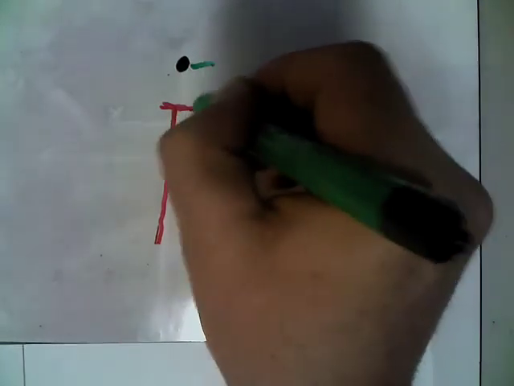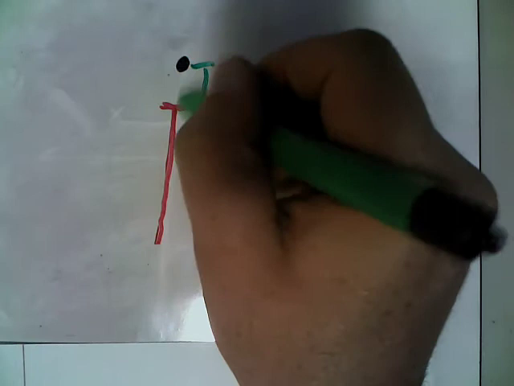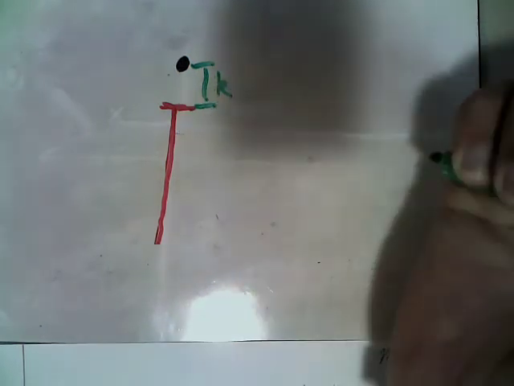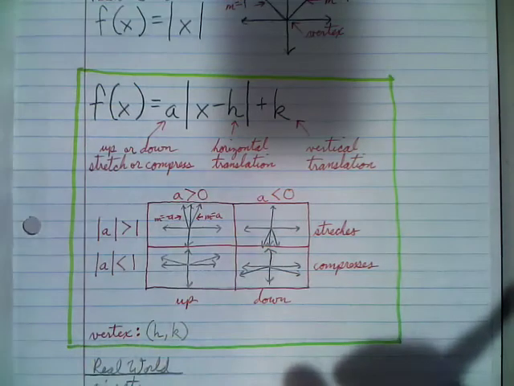But as far as the distance goes, my K could be expressing this distance right here. What's the minimum distance I am away from this thing? So they kind of come together. We'll look at some examples of that.